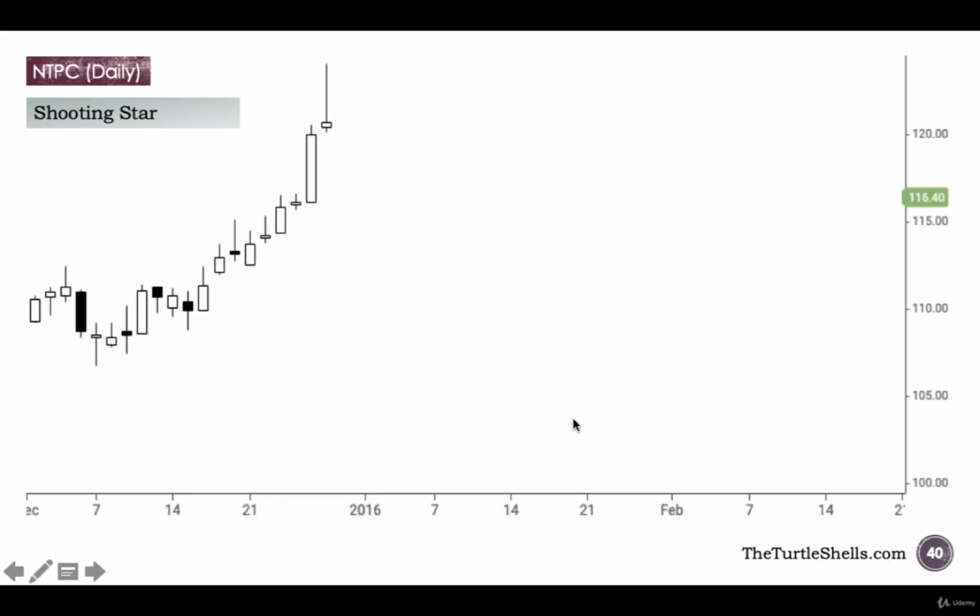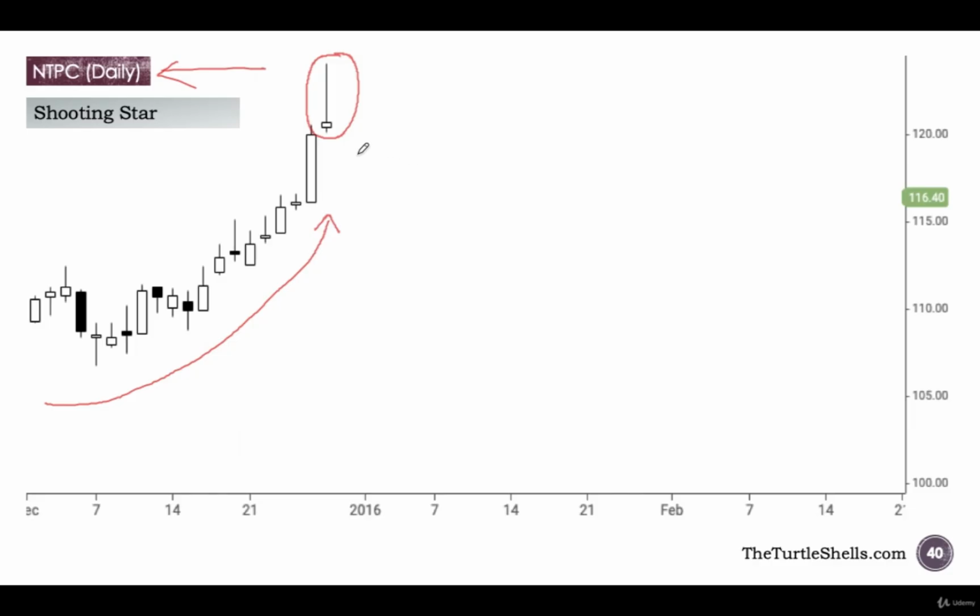So let's quickly have a look at an example. This is a daily chart of NTPC. So if I look at this trade, that's a nice uptrend. So you have a clearly defined shooting star, especially coming after a tall white candle. We have discussed this before. A small real body coming after a tall real body indicates a shift in psychology.